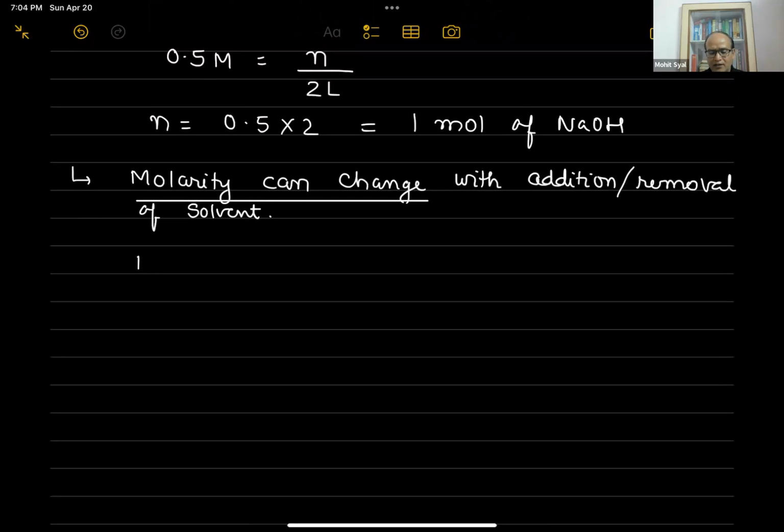Suppose the initial molarity is M1 and initial volume is V1.